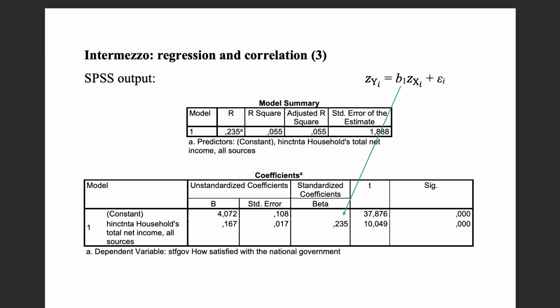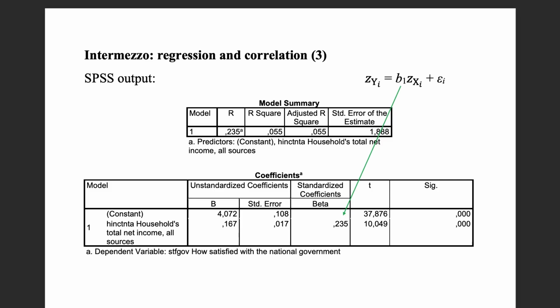How do we interpret this? Well, in this case, we interpret this as for every one standard deviation higher on household income, the predicted value on satisfaction with the national government is going to increase by 0.235 standard deviations. So we have transformed both our independent and our dependent variable into z-scores. So now how do we interpret the standardized coefficient?